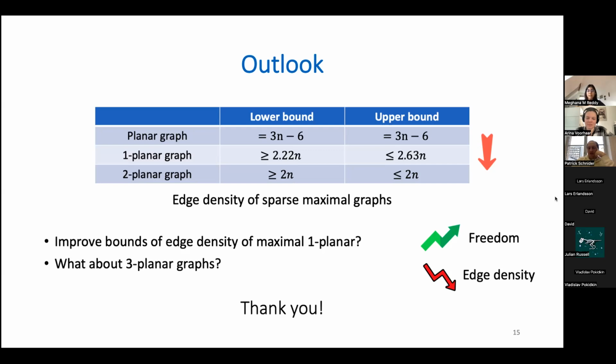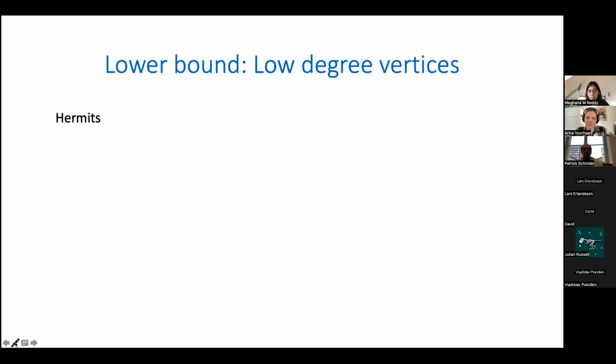I am not sure. Okay, maybe I can draw. So I tried to analyze this and understand why this happens, and what I was able to come up with, or to convince myself of, is this. When we look at planar graphs, maybe I can draw multiple edges here, to obtain a triangulation.